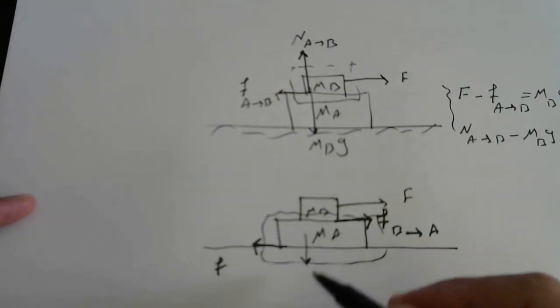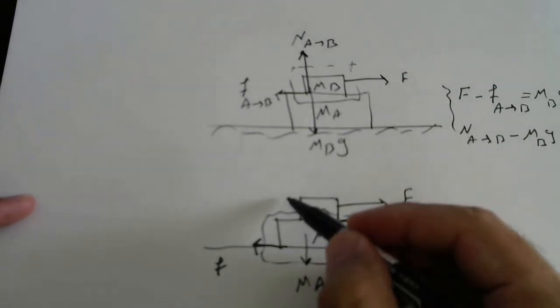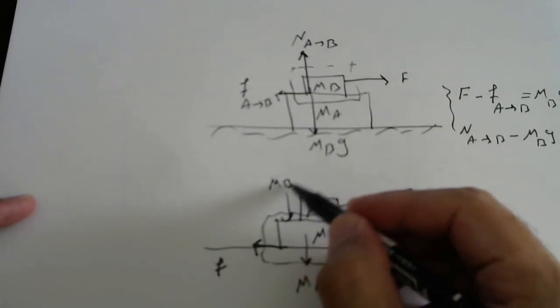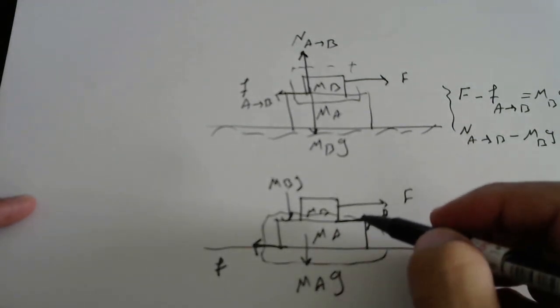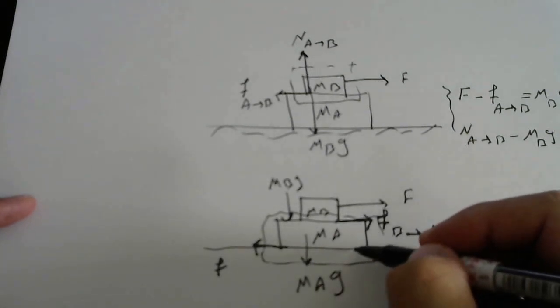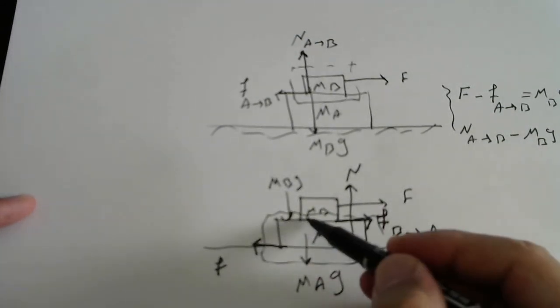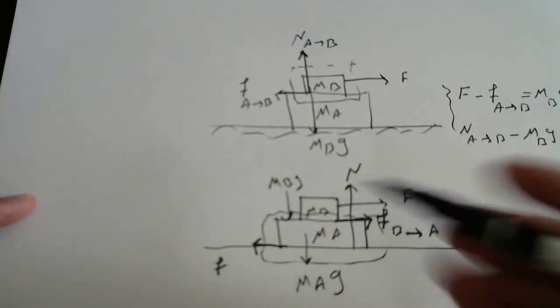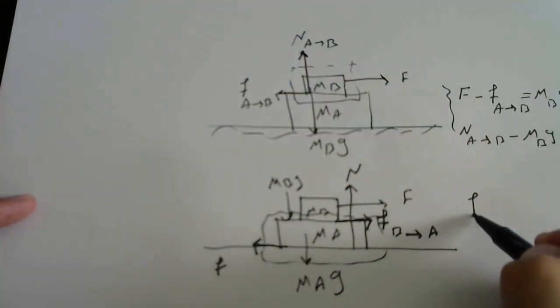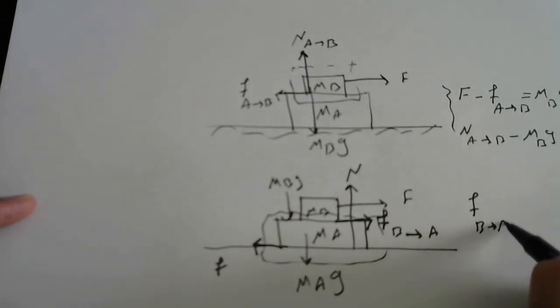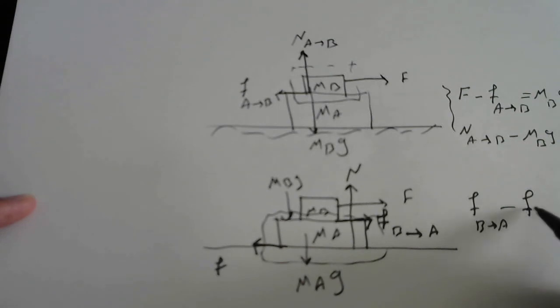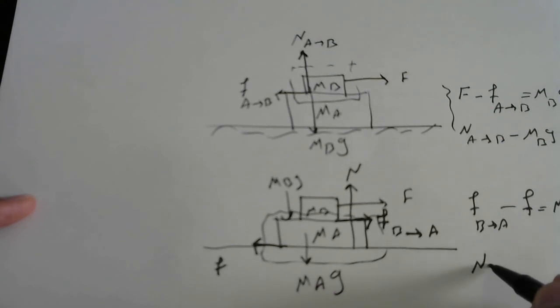Then you have MA g, you have MB g, and you also have the normal force at the point of contact, N, and this is the normal force from the top acting on B. So if you write the equations, f B to A minus f is MA a, and then N minus (MA plus MB) times g equals 0.